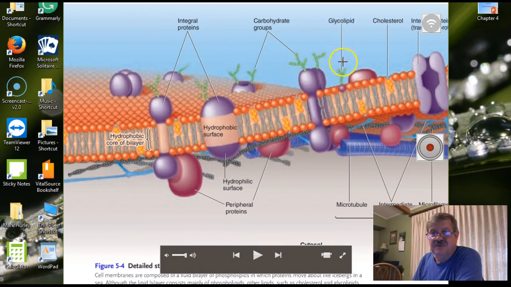We can also have a carbohydrate chain attached to fats in here. It's called a glycolipid. And then cholesterol, right here. Cholesterol is going to be a part of this membrane, and cholesterol acts as a fluidity buffer, essentially kind of acting like antifreeze.